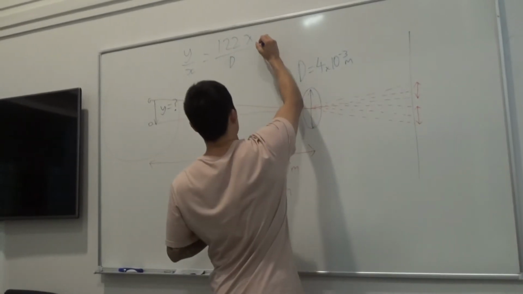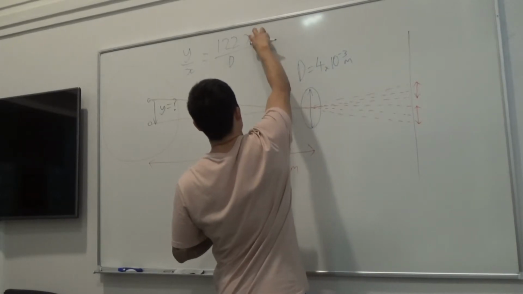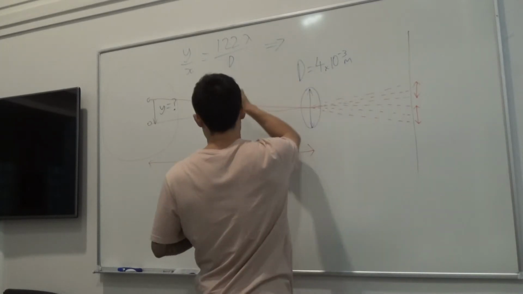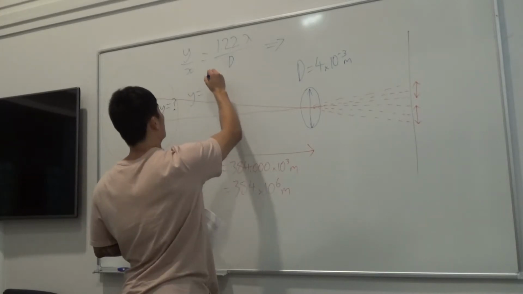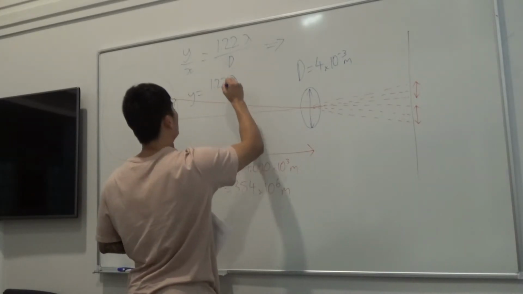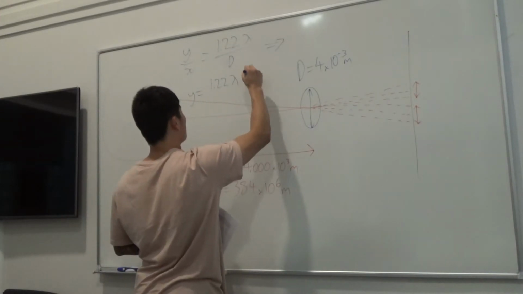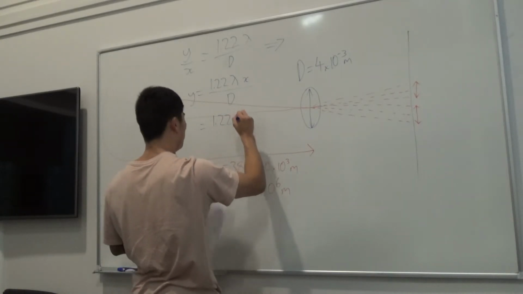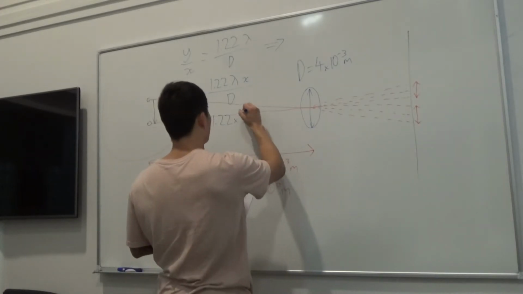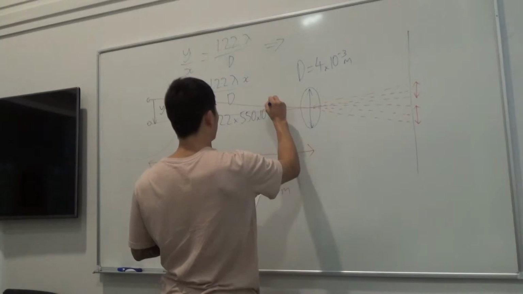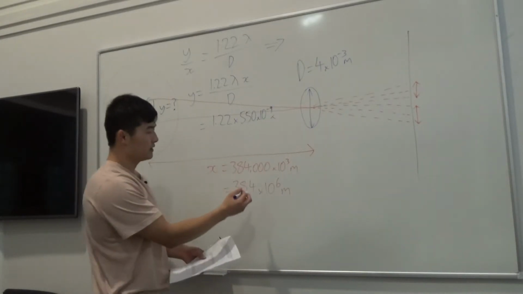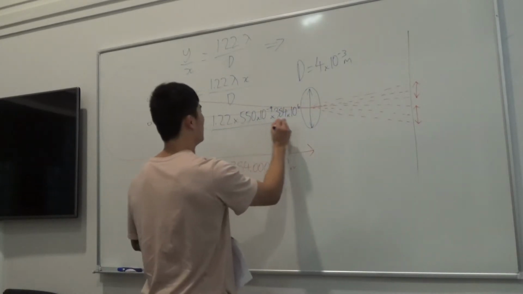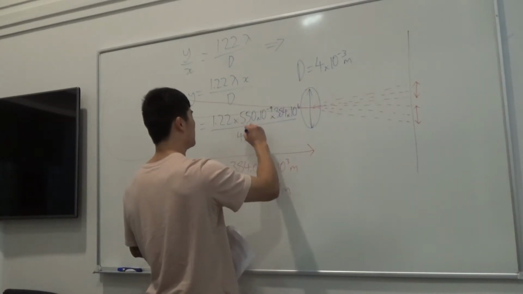Okay, so we want to have y on its own, so y is equal to 1.22 times the wavelength, and then we're just going to move this up here, times x over D. That's 1.22 times the wavelength, which is 550 times 10 to the negative 9, times our x value, which is 384 times 10 to the 6, over the diameter, which is 4 times 10 to the negative 3.